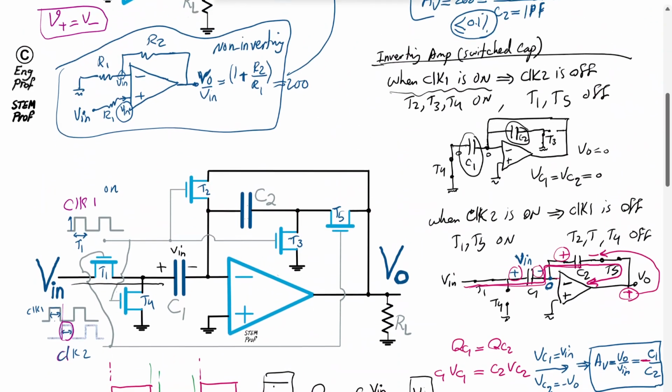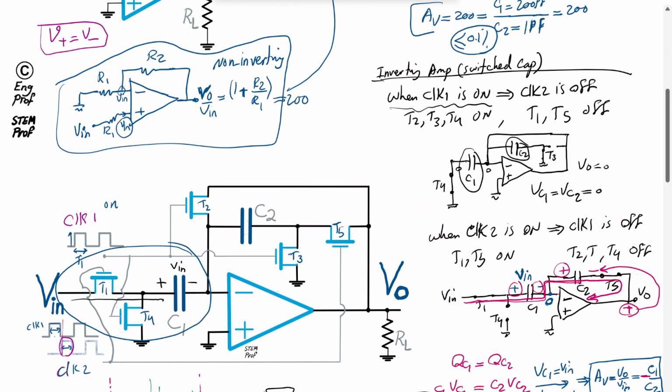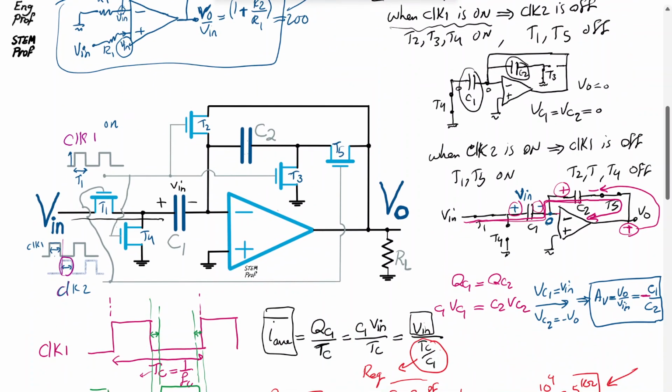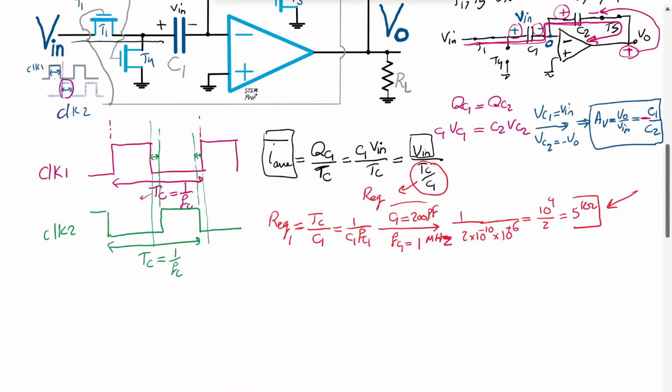So that would be the equivalent resistance that is observed here, or emulated. The emulated equivalent resistor that is observed for C2 combined with switches would be computed the same way. So we can say R equivalent 2 is again TC over C2, or 1 over C2 times FC. FC1 and FC2 are the same thing, so we're going to have the same frequency for the clock.